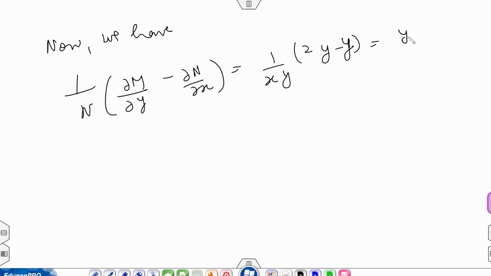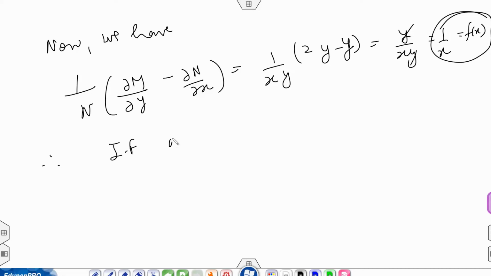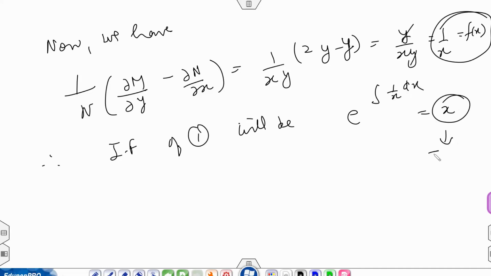So this will be y upon xy and this got cancelled out. So this is my function of x only. So what will be our integrating factor? So the integrating factor of 1 will be e to the power f of x. So this is my integrating factor.